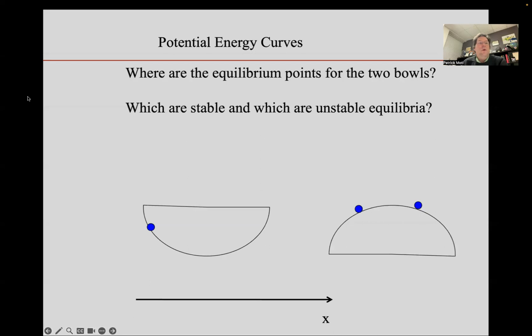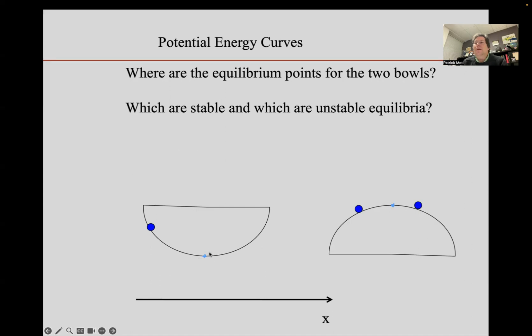The equilibrium point means the point where the derivative vanishes. So for a bowl with a normal orientation, the derivative of the potential vanishes there. And then if I flip the bowl upside down, again, the derivative vanishes there. So those are our equilibrium points.